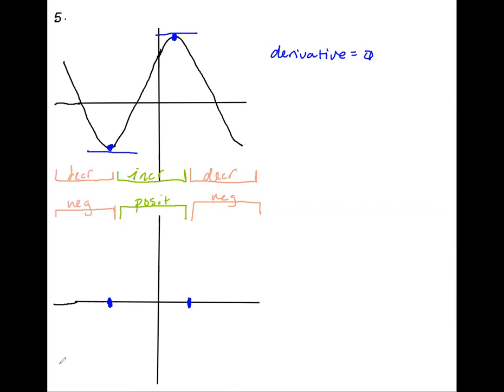So we know, and this is just something that I do before I get bogged down in specifics, I'm going to be doing something negative, something negative, and then something positive. So now I can see a shape beginning to form.